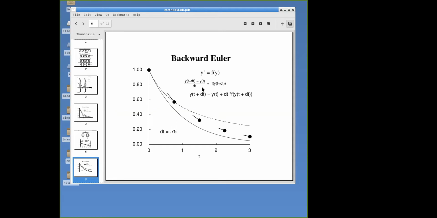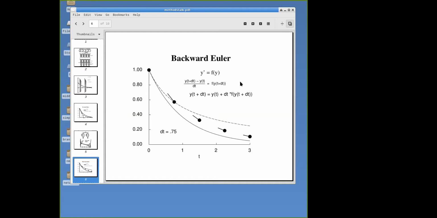And when you have a whole bunch of compartments, what you end up with is a whole bunch of simultaneous algebraic equations that have to be solved through, well, the most direct method is through matrix inversion. Essentially matrix inversion. Upper diagonalization and back substitution, if you like. And that takes time.